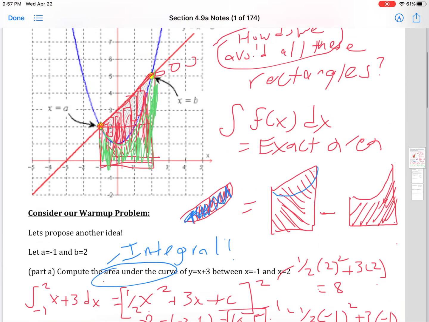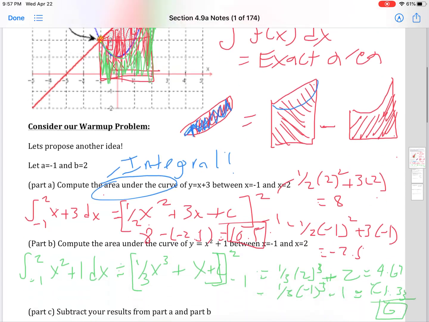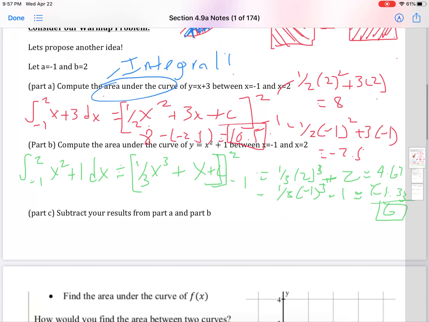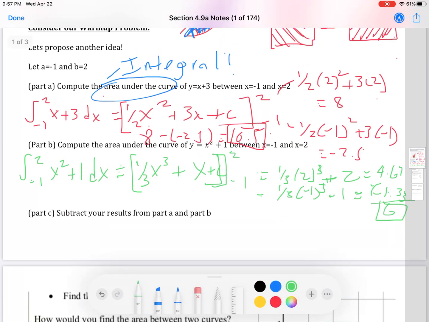Now it says to subtract your results from A and B. If we do that, we get 10.5 minus 6 for a total of 4.5 units squared.